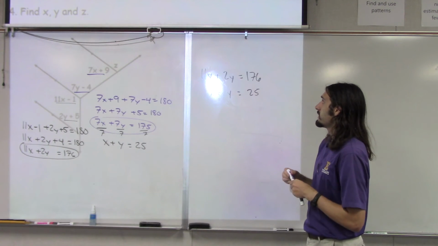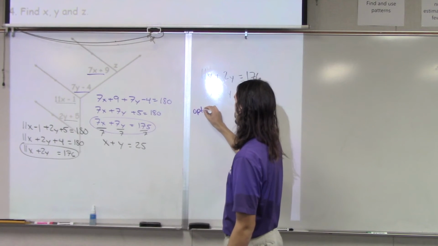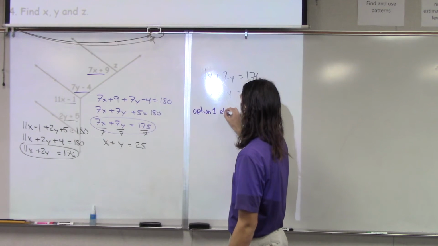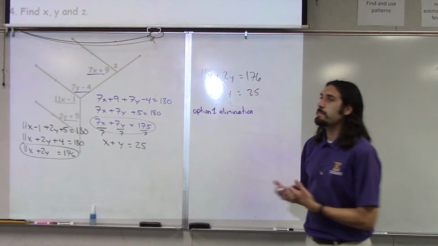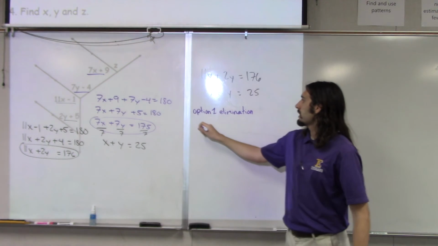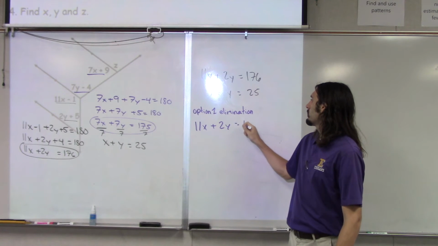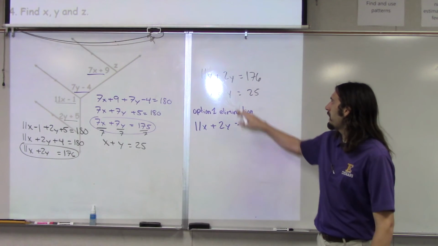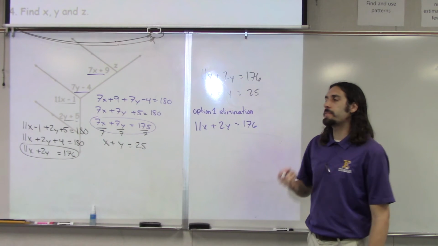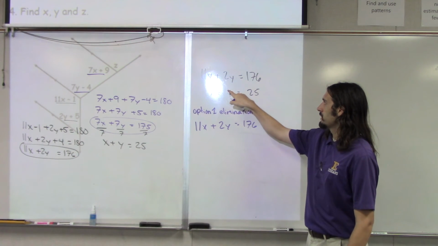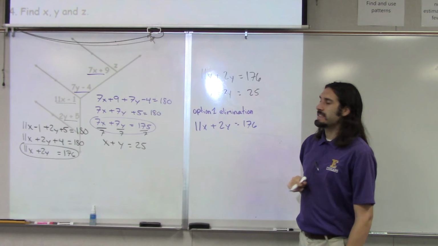So elimination would be this. Option 1. I need same number, different sign. So I'm going to copy my first one. 11x plus 2y equals 176. If I want this second equation to cancel, I need the same number, different sign in one of my spots. So I'm going to turn this number right here, what I want it to be is a -2.